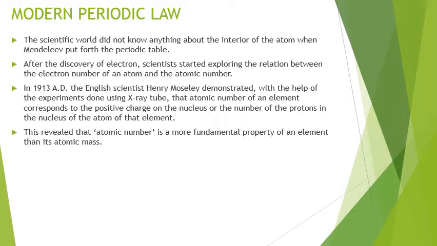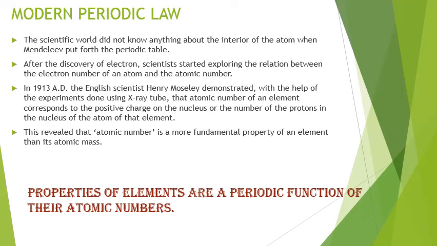This theory shook the entire scientific world at that time. But it proved to be very beneficial for the classification of all the known elements without any limitations. All the demerits and anomalies of Mendeleev's periodic table were removed in the modern periodic table.